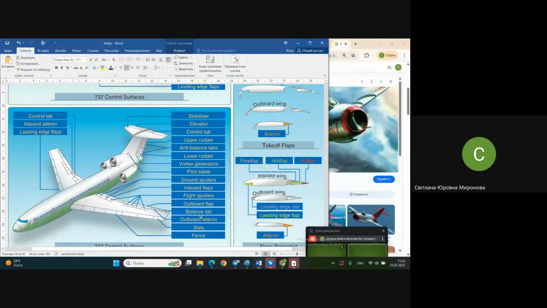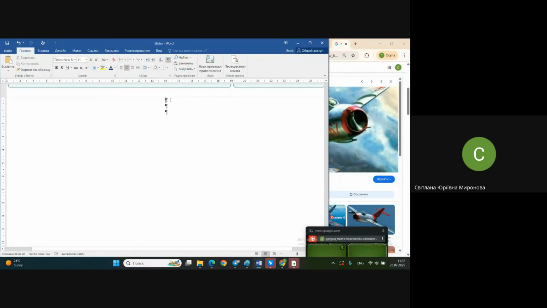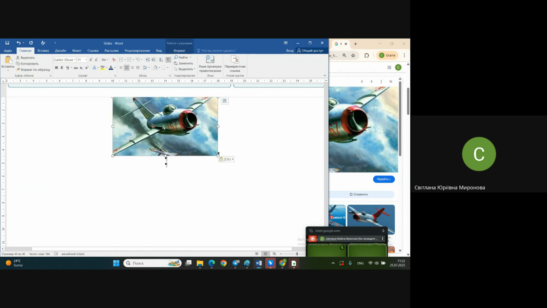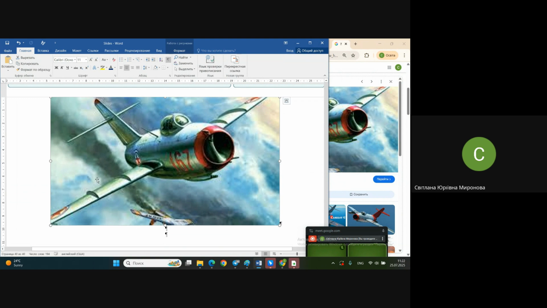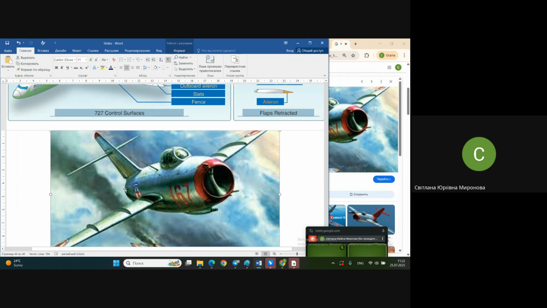What is this aerodynamical fence at all? It's an additional barrier, let's say, between sections on the wing. You see, it follows the airfoil, along the chord. And what is such a fence necessary for? Usually it's used on swept wings.